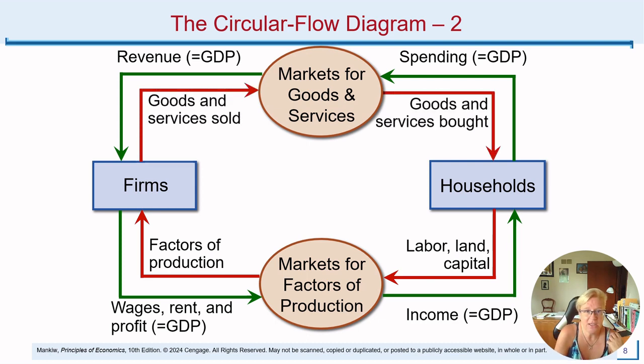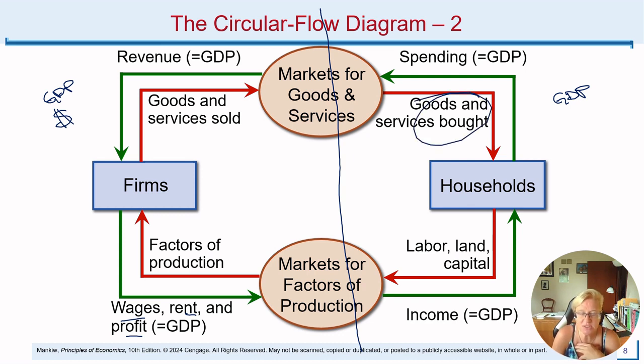If we look at the diagram and split it, probably this way, whatever GDP equals over here must also be what GDP equals over here. This would be the income approach, measuring wages, rent, and profit. And the expenditure approach is going to measure it based upon those goods and services which are purchased.